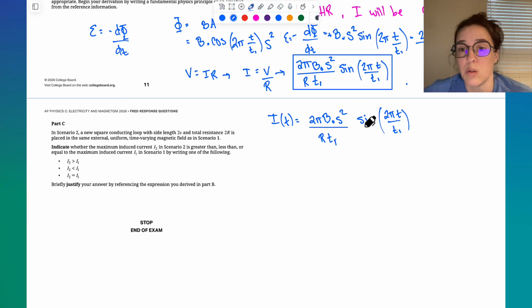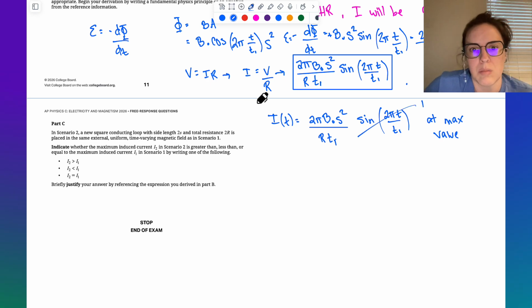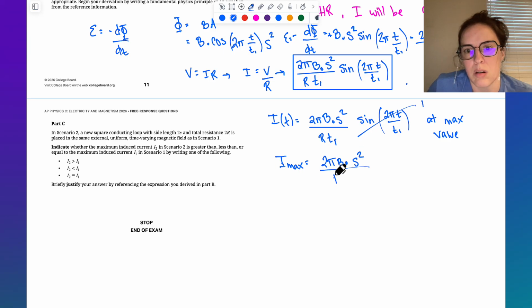So maximum value of sine is 1. So at max value, all that goes to 1. So my I max in my original scenario is going to be 2 pi b naught s squared over r times t1.